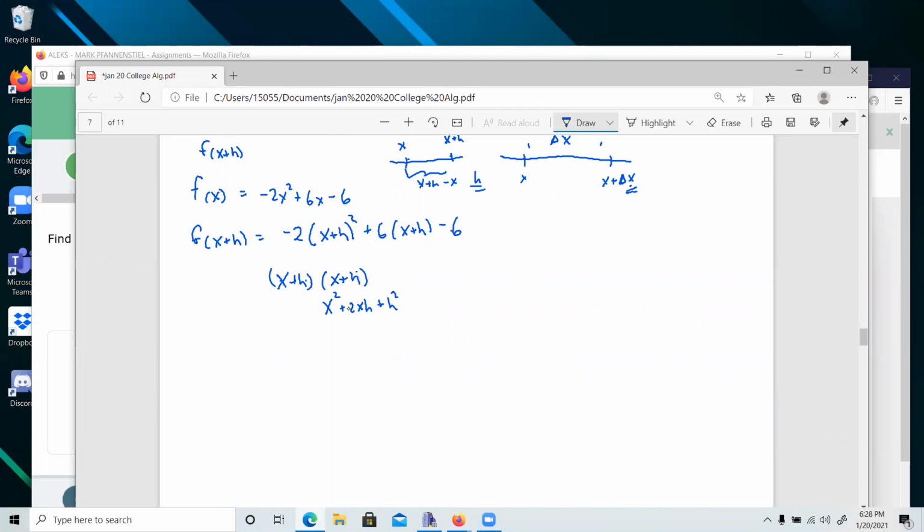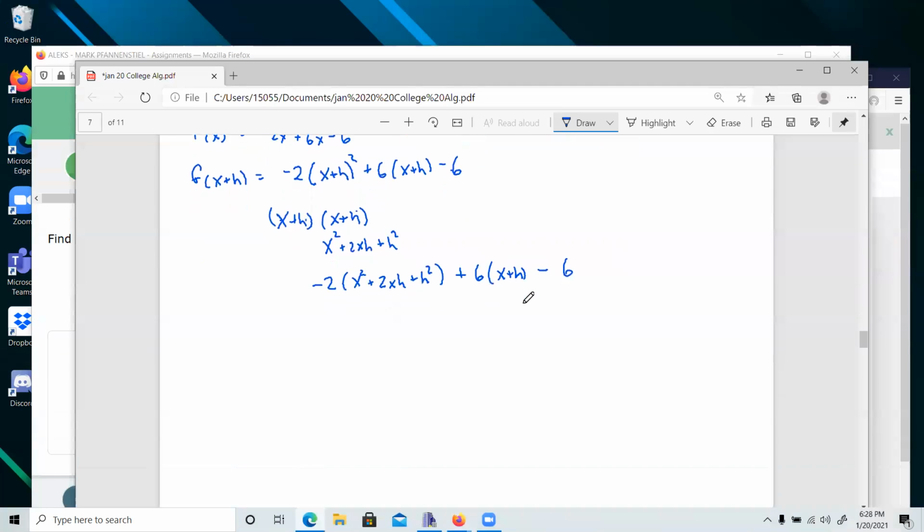And then finally that one, right? So that's foiling that out. So we have negative 2 times (x squared plus 2xh plus h squared) plus 6 times (x plus h) minus 6. Say, wait, why didn't you do that? I'm not there yet. Because I make this mistake too: people get so excited they did this part that they forget to do that.